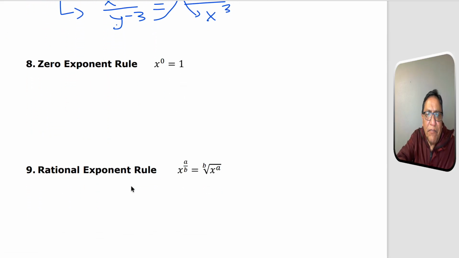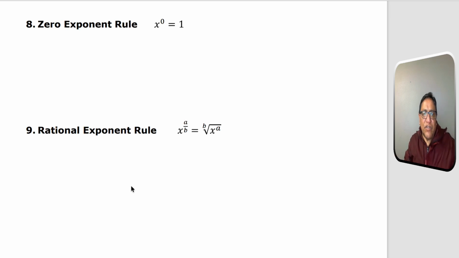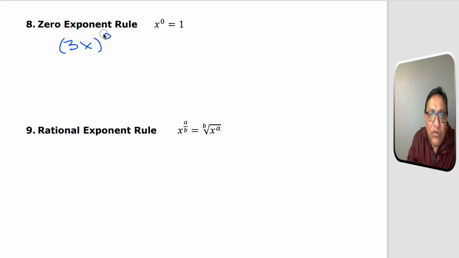Also the zero exponent, that's another rule. It says any value to the power 0 will be equal to 1. So in other words, if we have, for example, 3x enclosed inside the parentheses to the power 0, this will be equal to 1. Okay?